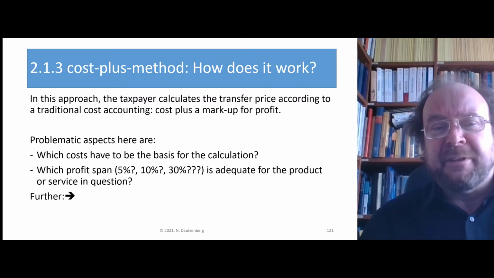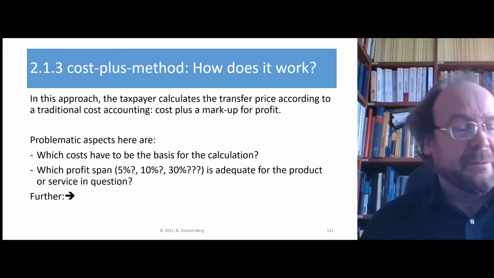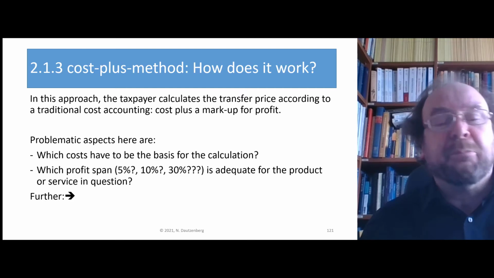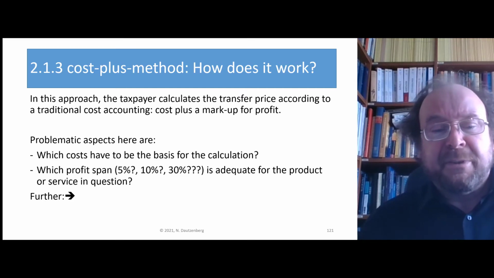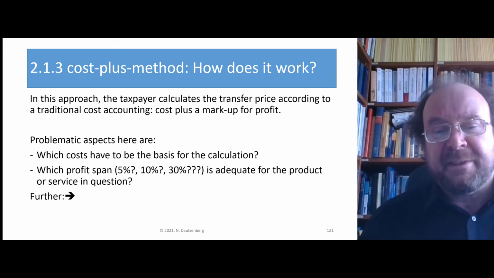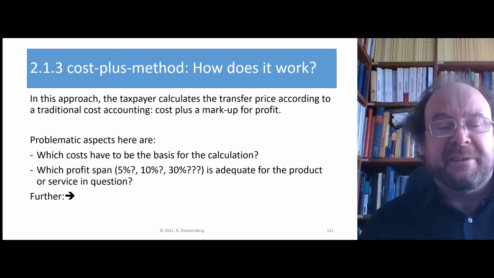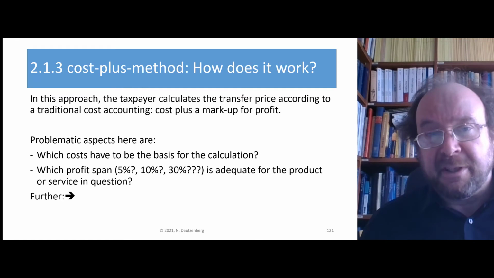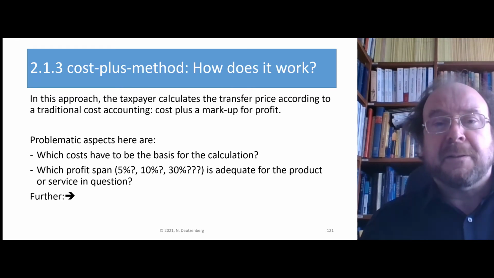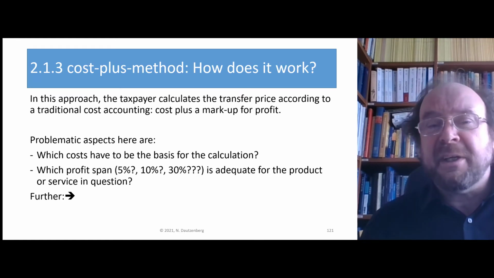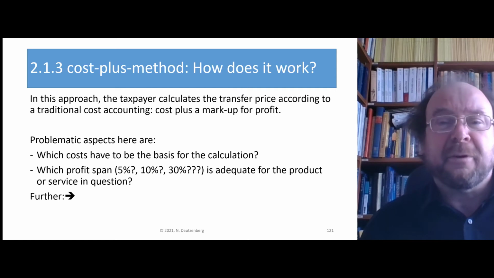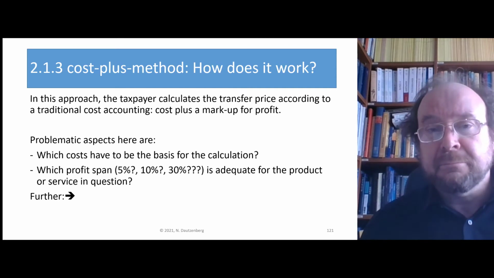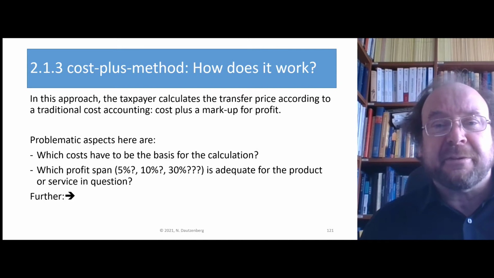There's also the very traditional method of cost calculation plus markup that equals then the price. So you take the cost, add profit margin, and this is your price. Now the question is, which cost do you have to take? For which purpose? What is the adequate percentage for a profit which you add up? That's also rather arbitrary.